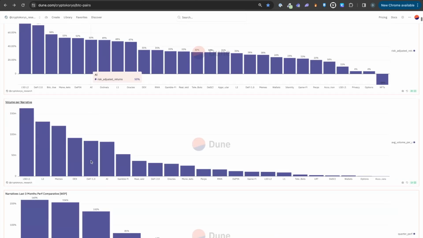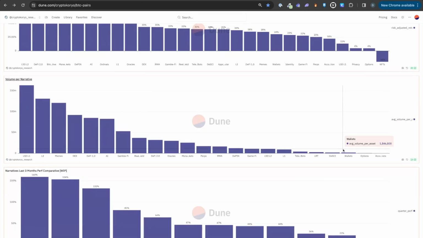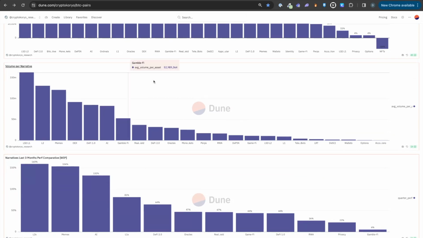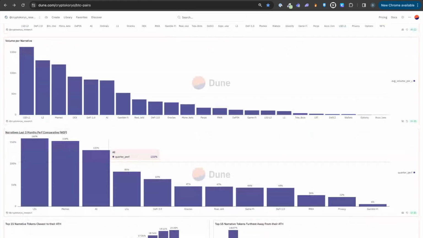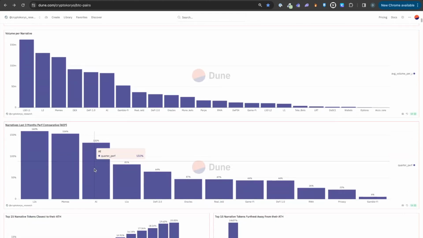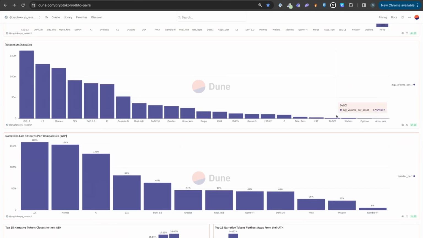Okay, so we have the volume. You have to be careful here because we don't have everything on dexes and all the activity. So just be careful when you look at that, but it could give an indication for some narratives. And if you want to know where there is liquidity, sometimes it's interesting because, for example, DeSci, decentralized science, was one of the best performing narratives in Q4, but it's all just very small cap projects.